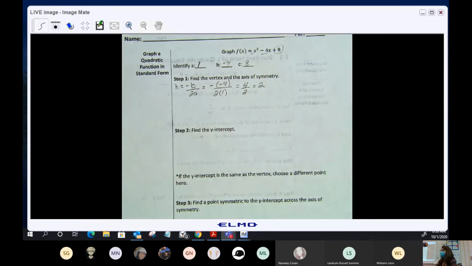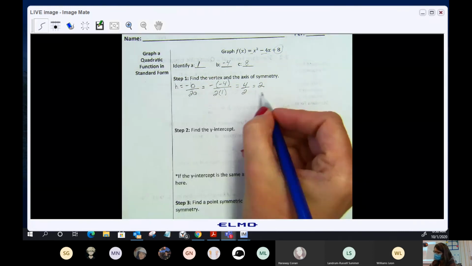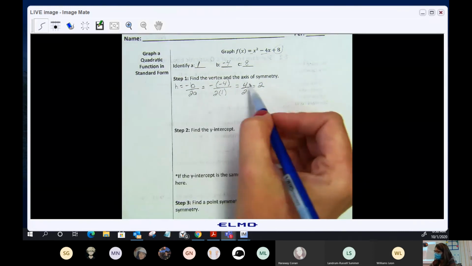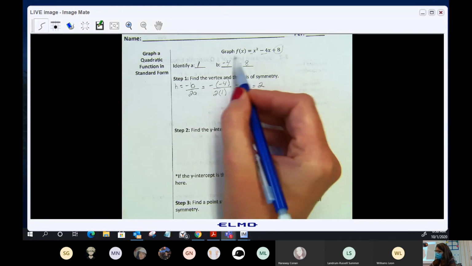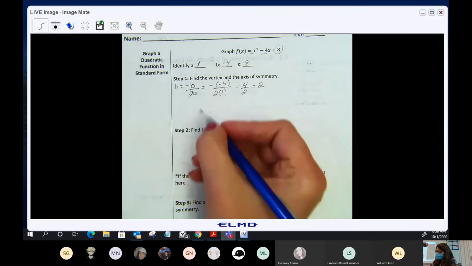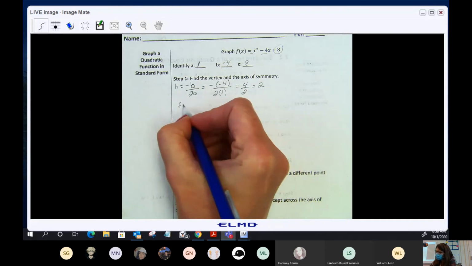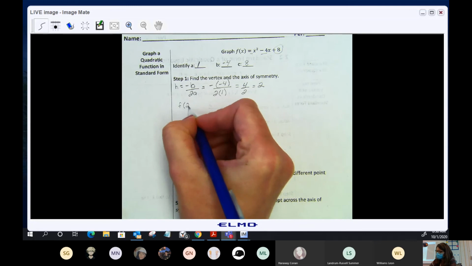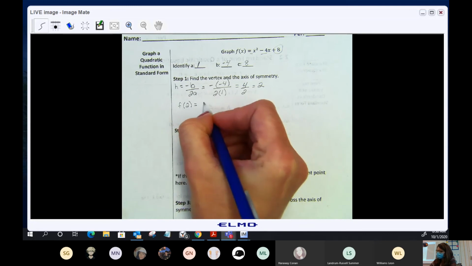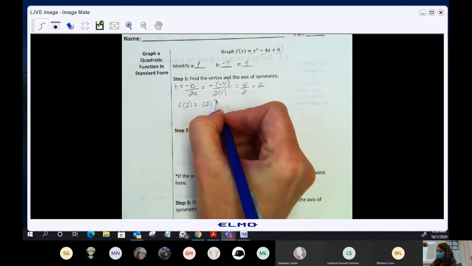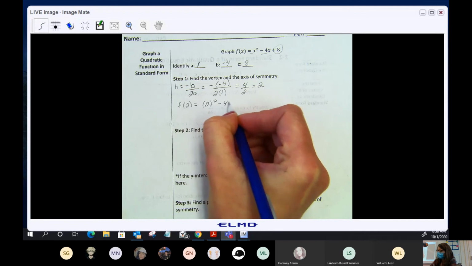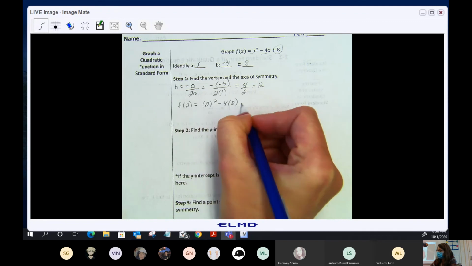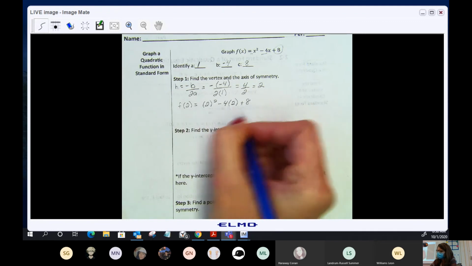Okay, so my h value is 2, so that is the x value of my vertex. Now I need to find the y value, which is also the k value of the vertex. So all I need to do, if I know x, I can plug x into my original function to pop out that corresponding y. So we have f of 2 equals 2 squared minus 4 times 2 plus 8.